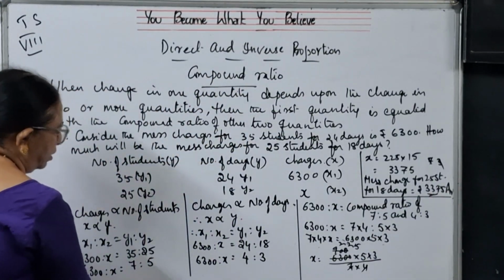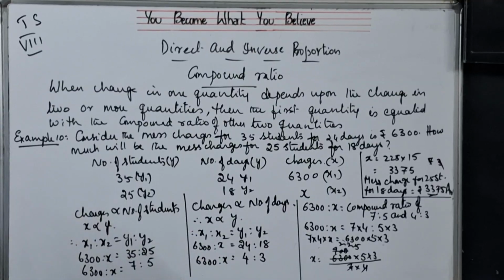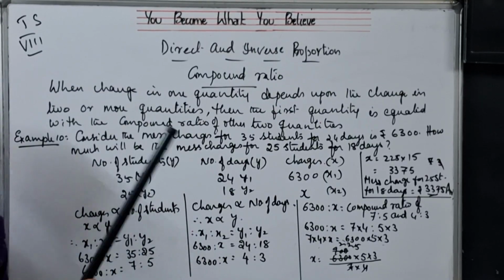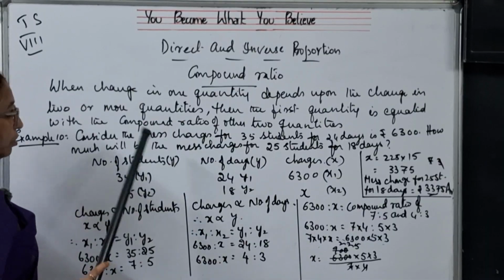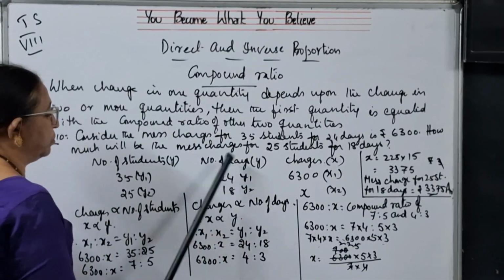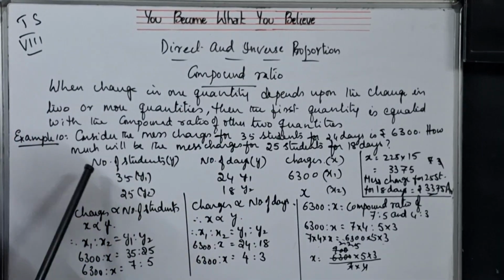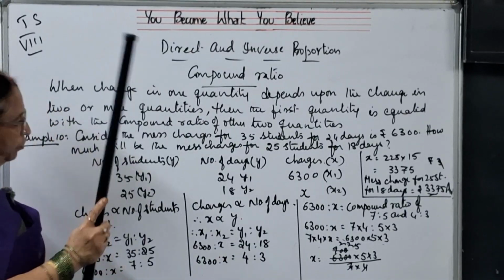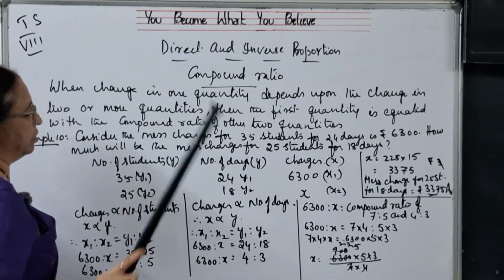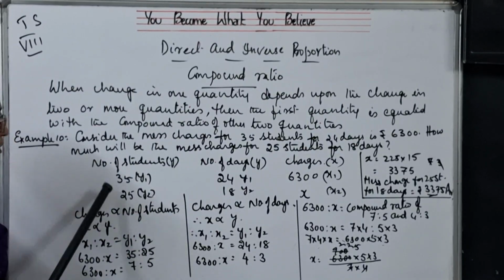Once again I'll say these are all compound ratio sums, where in the earlier case you had only two ratios, two values, two quantities. Now 3 quantities are given. For 35 students, 24 days, mess charges are 6,300 rupees.